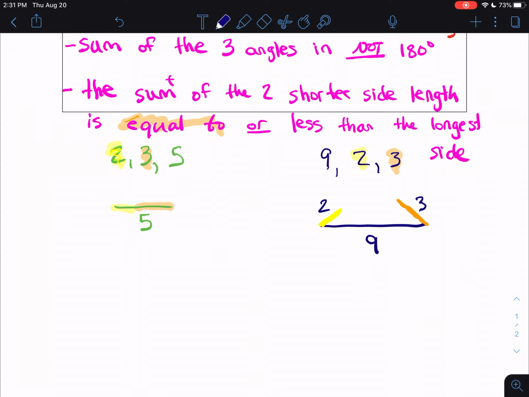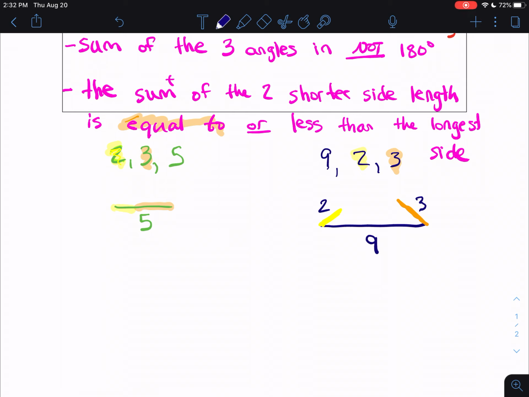This is what I call the T-Rex attempt of a triangle. If the T-Rex's chest was broader and wider, he would never be able to clap because his arms are so short that they can't reach. And that's the same case here.